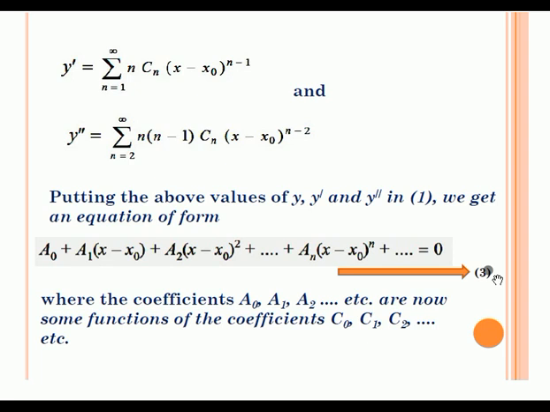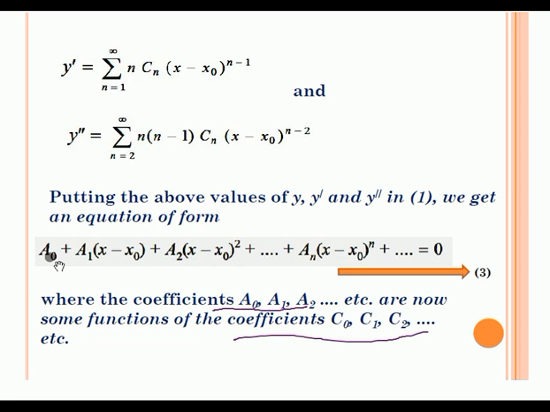See, the entire left hand side will be equal to 0, and everything will be independent of each other. That means the coefficients A0 will be 0, A1 will be 0, A2 will be 0, A3 will be 0, where the coefficients A0, A1, A2 are now some functions of the coefficients C0, C1, C2. So inside A0, C0, C1, C2, C3 will be there.